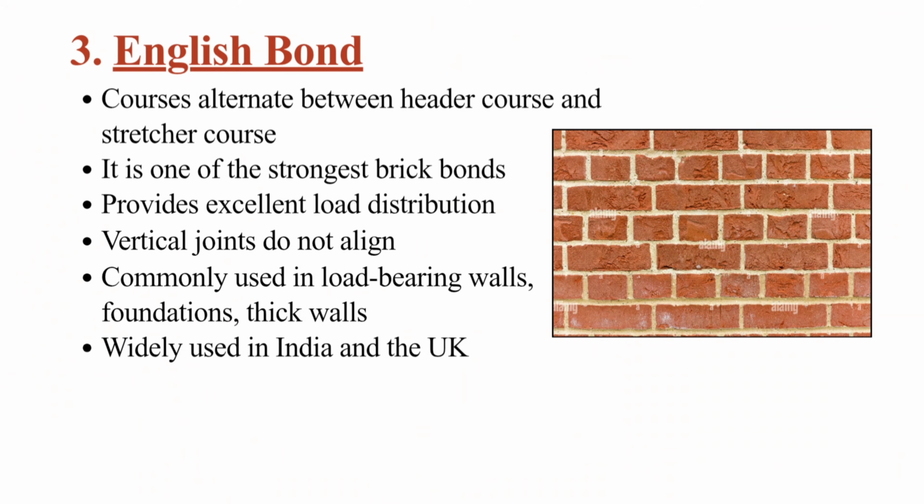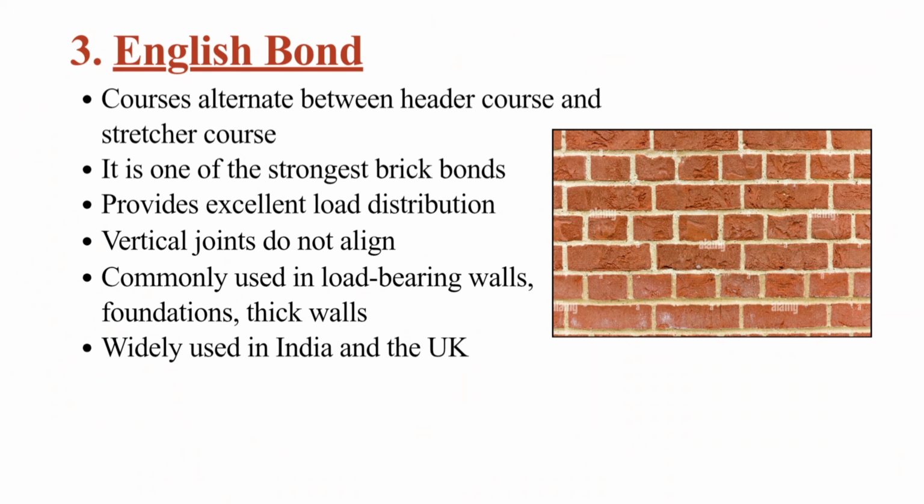In this bond, the vertical joints do not align, and it is commonly used in load bearing walls, foundations and thick walls. This type of bond is widely used in India and the UK. So this is all about the English bond.